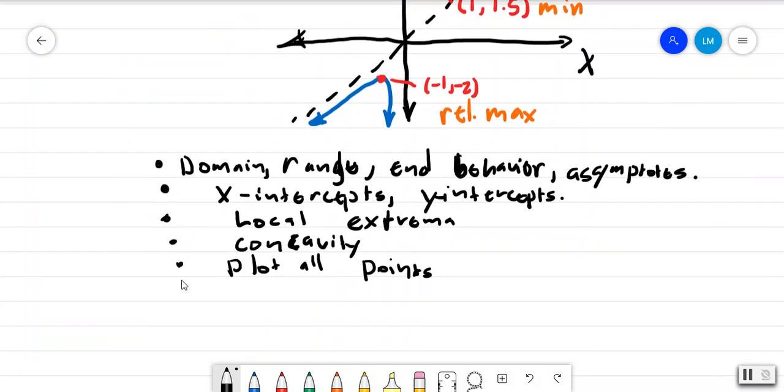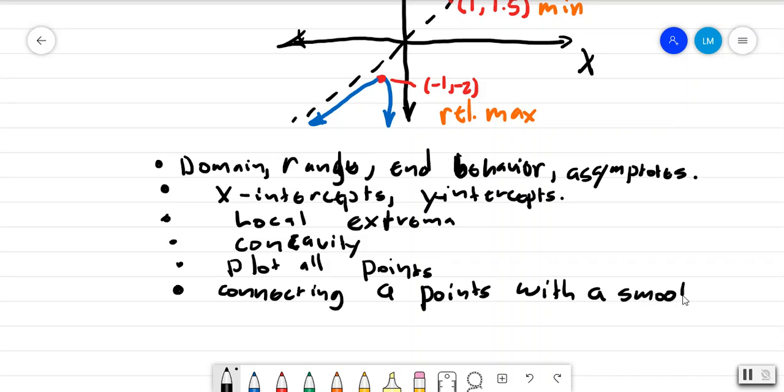The rest is really just connecting all points with a smooth line. And then the last is that you can basically just verify with a calculator.